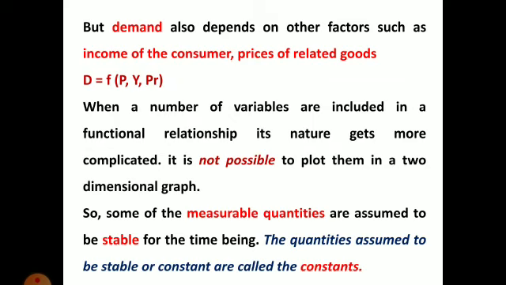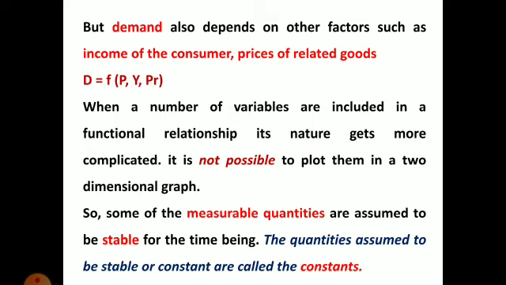So here we are showing all the variables, namely demand is a function of P, that is price, Y, that is income, and PR, that is the prices of related goods.